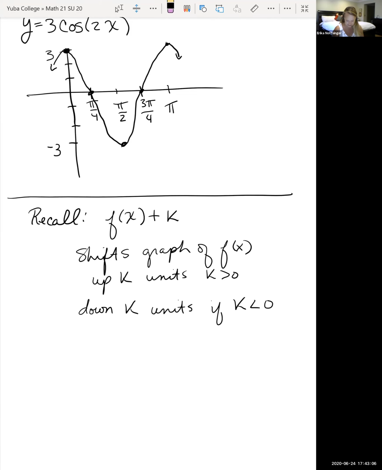So for instance, let's say you had y is equal to -3 cosine of pi fourths x plus 2.